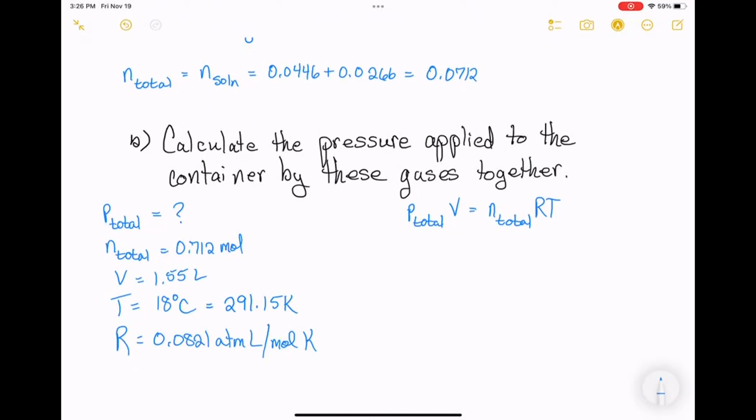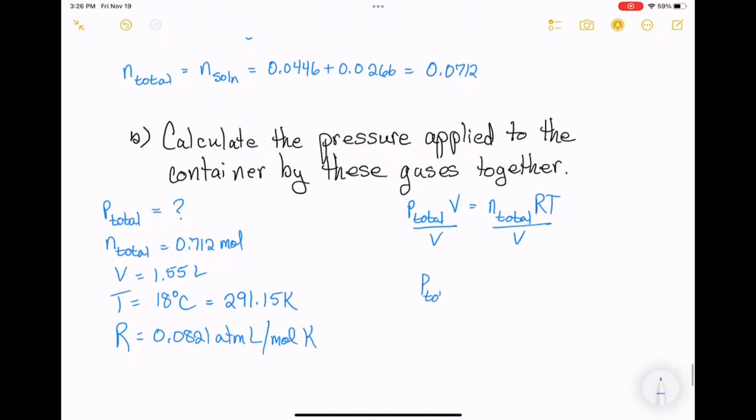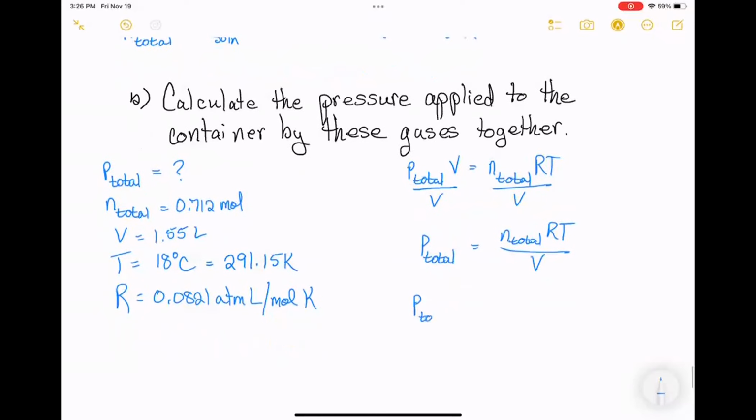So then I just need to rearrange this equation by dividing both sides through by V. So it's going to be P total equals n total RT divided by V. So P total equals 0.0712 moles times 0.0821 atmosphere liters per mole Kelvin times 291.15 Kelvin, all over our volume of 1.55 liters.